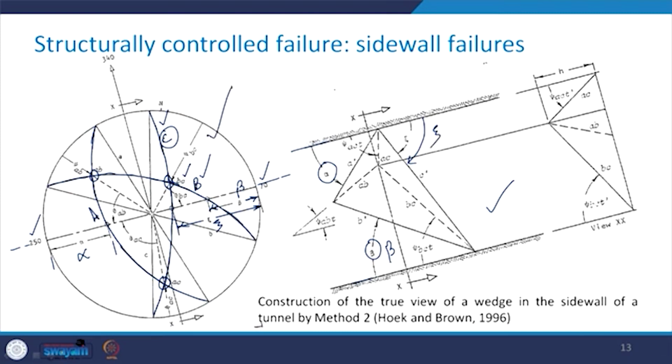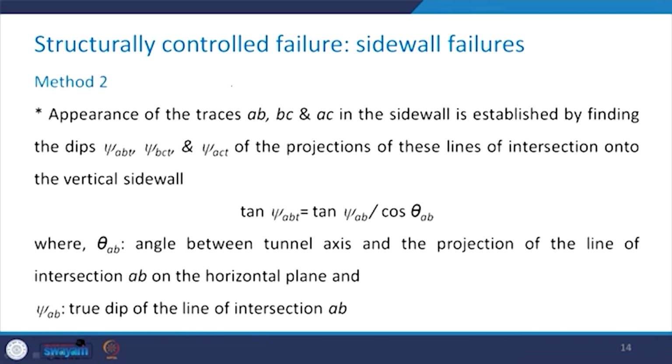You can take a look here in the stereographic projection and can obtain that. Appearance of the traces AB, BC and AC in the side wall can be established by finding the dips psi ABT, psi BCT and psi ACT of the projections of these lines of intersection on the vertical side wall.